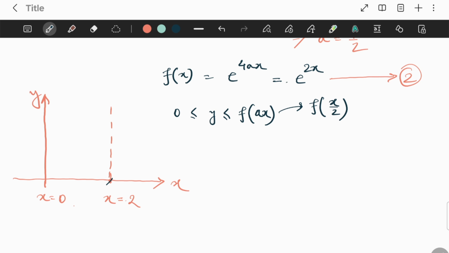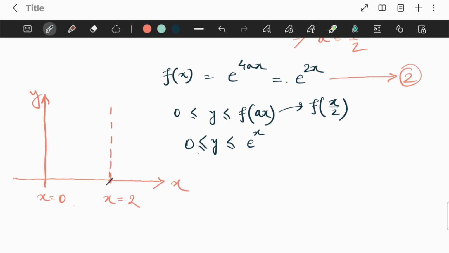Now, if it is so, then f(x by 2) means what? Then y is basically 0 to e to the power x. So f(x) is equal to e to the power 2x, so f(x by 2) would be e to the power x.